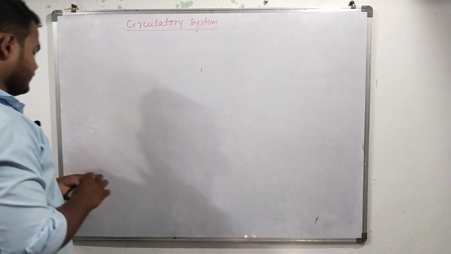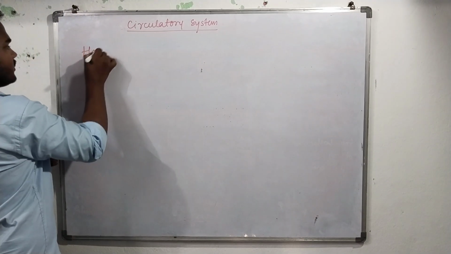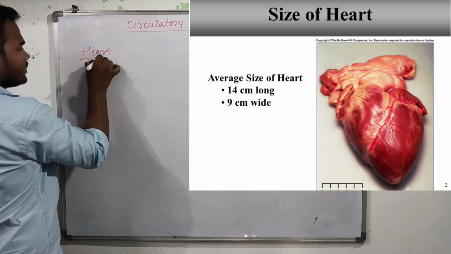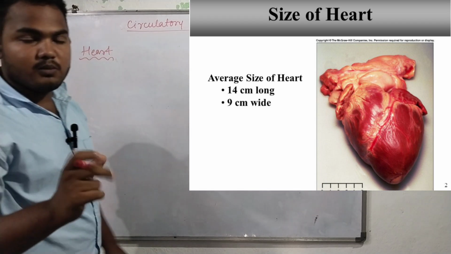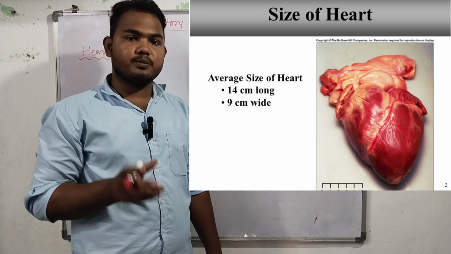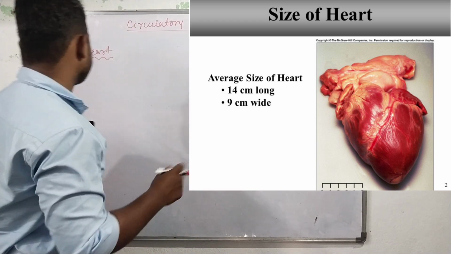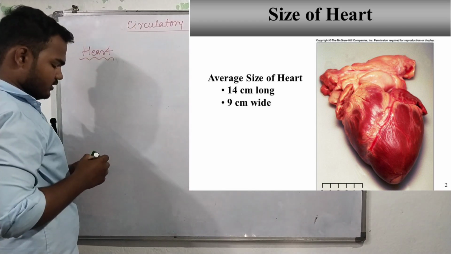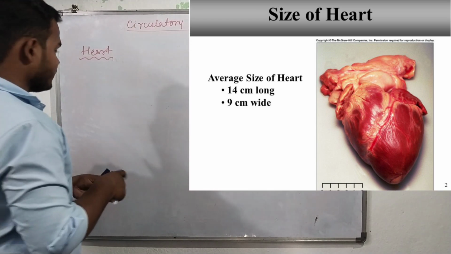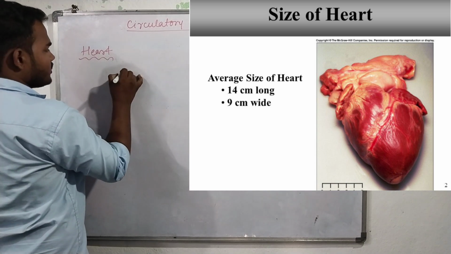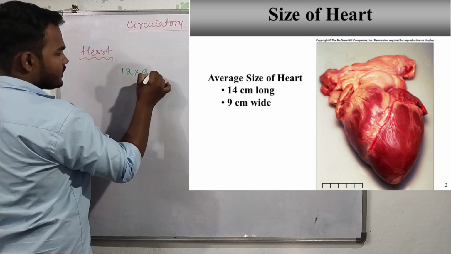Okay, the first thing is heart. Yes, heart is a muscular organ for pumping the blood. It's meant for blood pumping. Okay, and its dimension is about 12 by 9 centimeters.